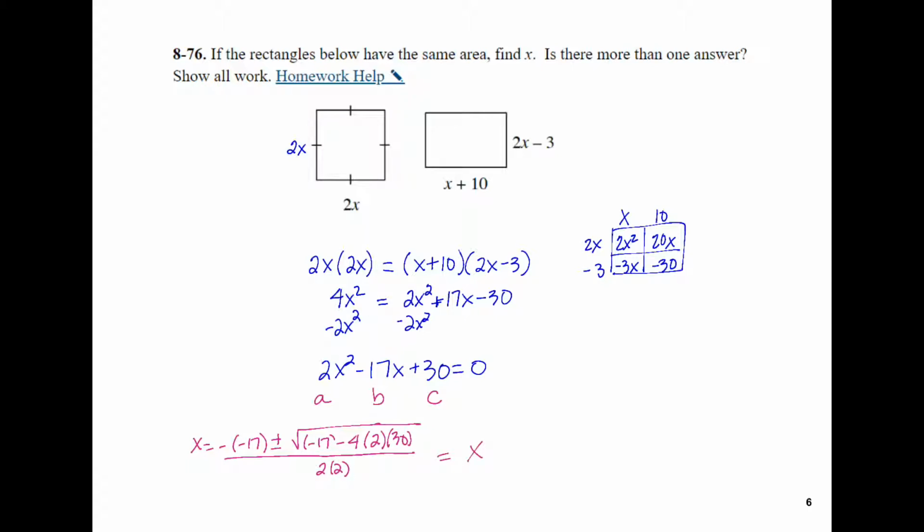When we simplify this out, we get x is equal to 2.5. Oops, excuse me, 2.5 or 6. So there are 2 values that x could be.